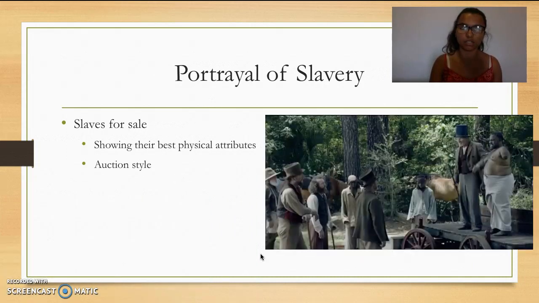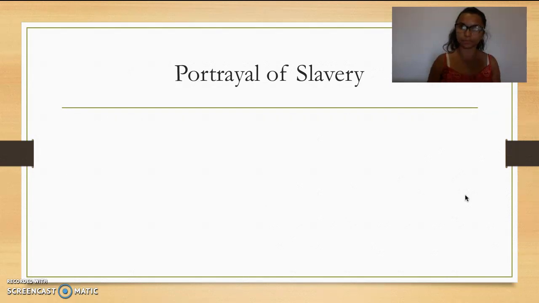So again, it was done auction style, as you can see here. So the slave and the man standing on the wagon, that's the slave for sale, and that man here is the one who's organizing the auction. And so basically he's the one negotiating the prices, and the slave will be sold to the highest bidder.